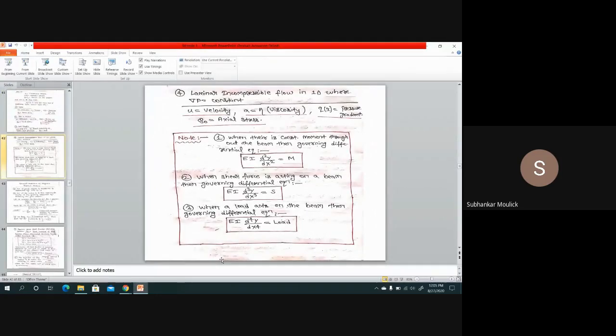If a load is acting on any bar, what will be the governing differential equation? If a moment is acting on a bar, what will be the governing differential equation? If a shear force is acting, what will be the governing differential equation? So you have to apply these governing differential equations to solve such problems where the governing differential equation is not given to you.